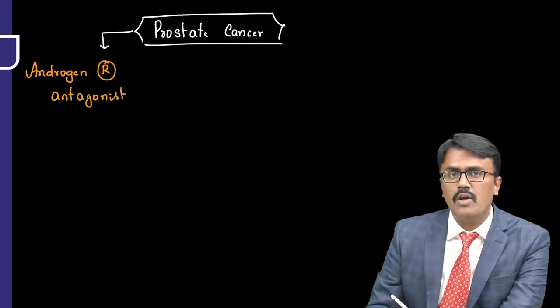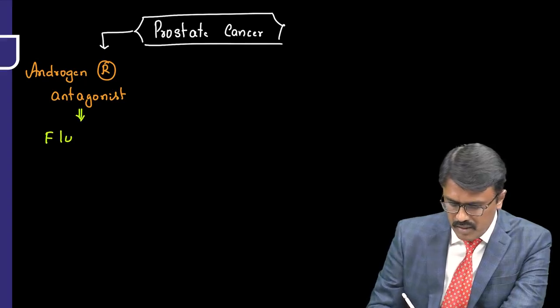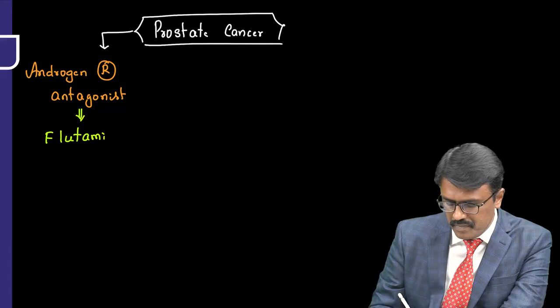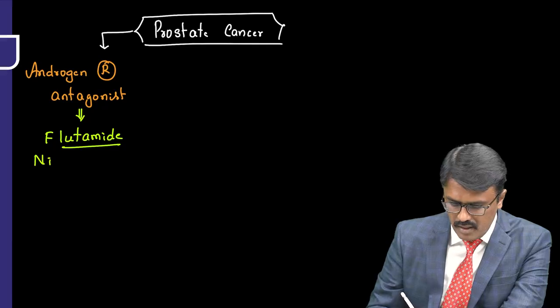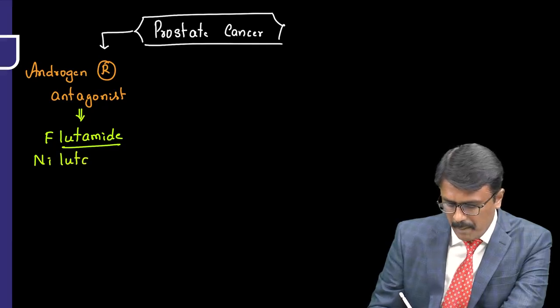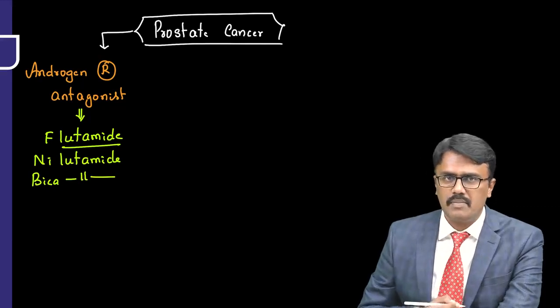These drugs end with lutamide. Examples are flutamide, then nilutamide, then bicalutamide. So anything ending with lutamide is an androgen receptor antagonist.